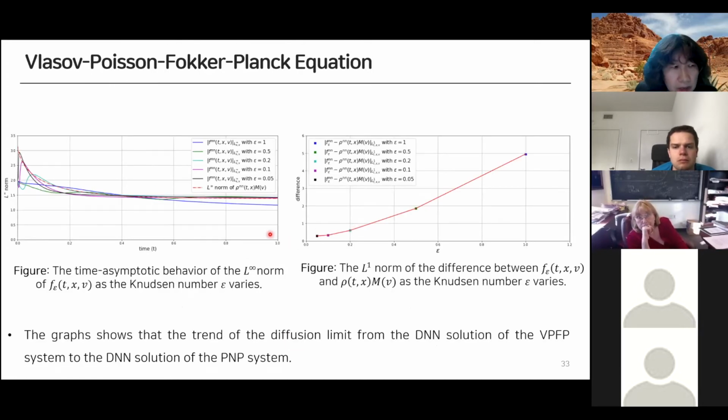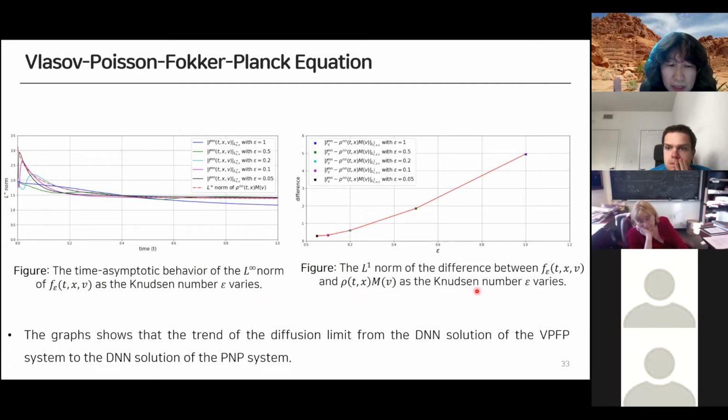So briefly, I'm going to show you some experimental results here. The left figure is the time asymptotic behavior of the L infinity norm of f epsilon as the Knudsen number epsilon varies. And the right figure is the L1 norm of the difference between f epsilon and the macroscopic quantity rho times M, as the Knudsen number epsilon varies.